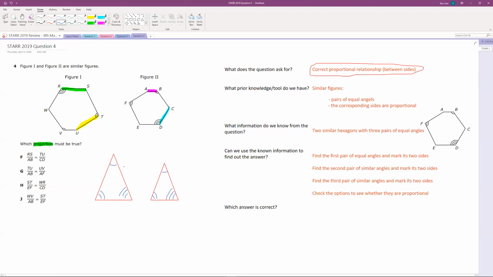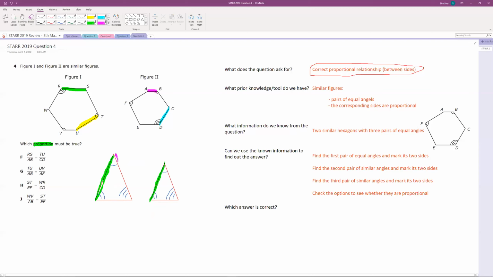So we have one pair, pair 1, pair 2, pair 3. They have equal pairs of angles. And next, for each angle, the corresponding sides are proportional. For this first angle, this side will be proportional to this side.